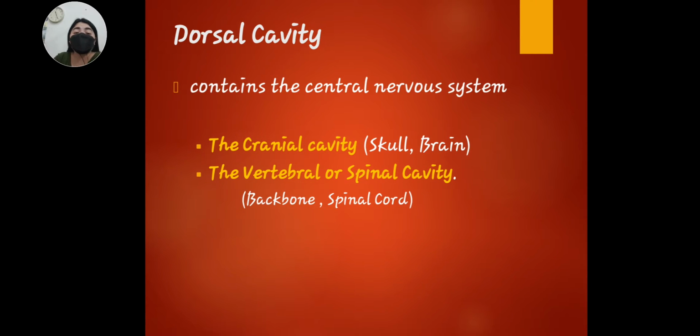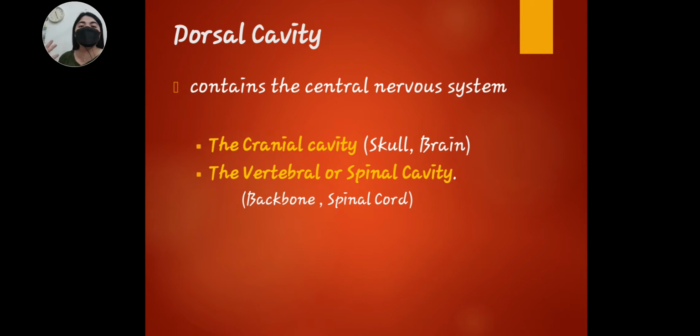Next, we have two types of cavity in the dorsal. We have the cranial cavity, particularly toward the back, containing your skull and your brain. Then the vertebral or spinal cavity. What are those? We have your backbone and your spinal cord.